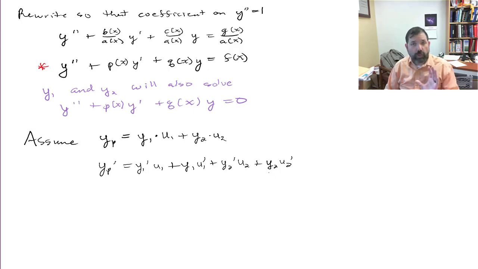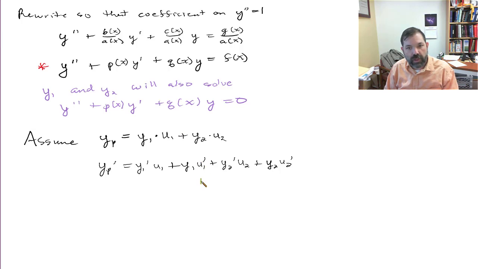Now, if we were to continue from this point, things are going to get really ugly, because if we think about this, we're going to have to apply the product rule 4 times to calculate the second derivative. So to simplify the issue, what we're going to do is we're going to take 2 of these terms out.